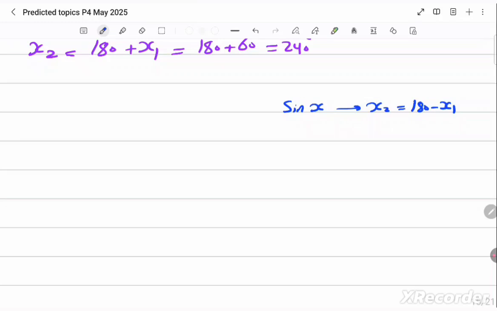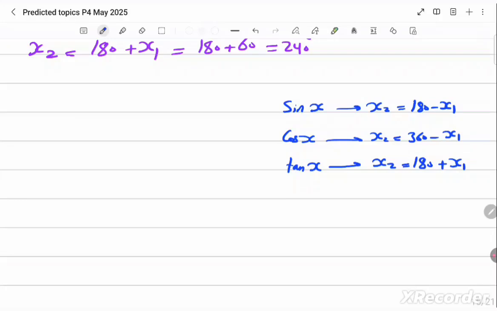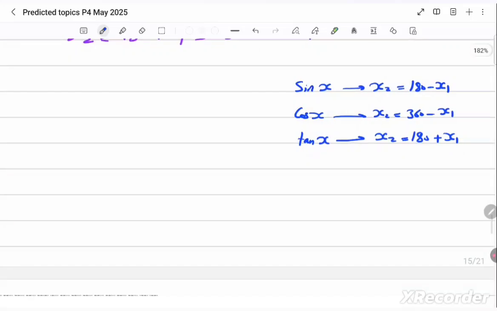So take care about that. What about cosine? Cosine, if you want to find the second value, x2 is 360 minus x1. And tangent, as we mentioned, x2 is 180 plus x1. It's repeated every 180.